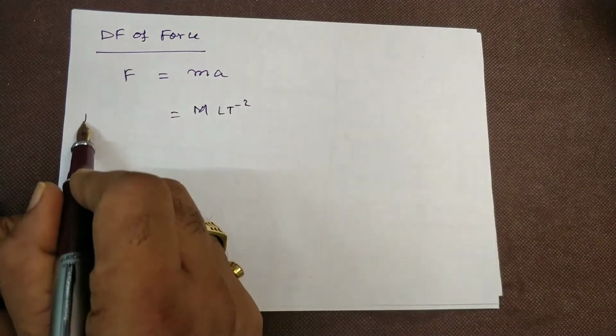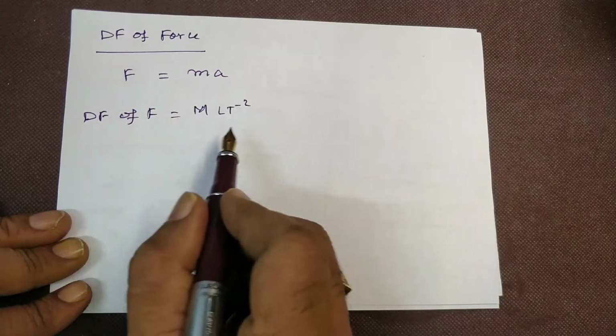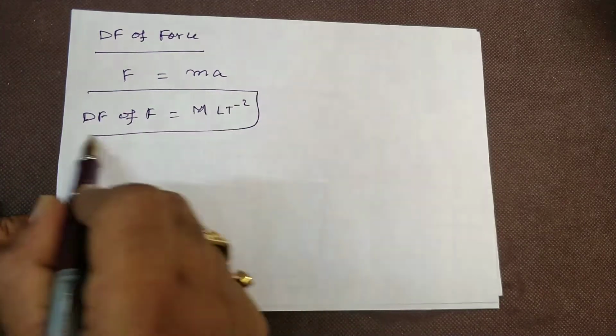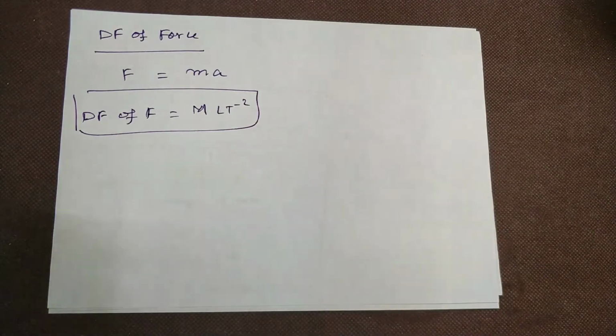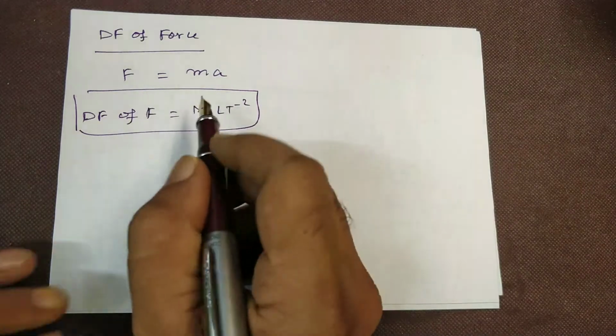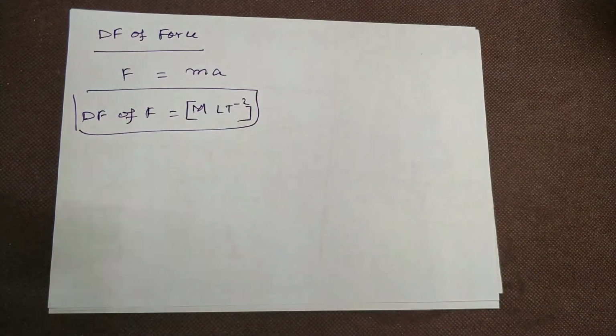So the dF of force is M L T power minus 2. And there is a practice, it is always indicated by the square bracket also.